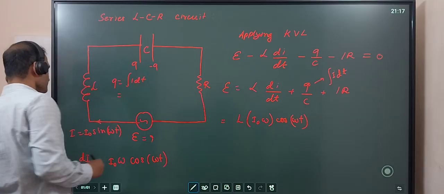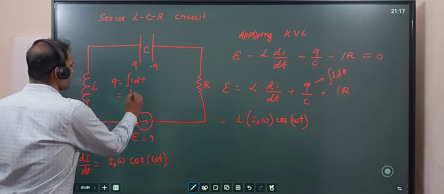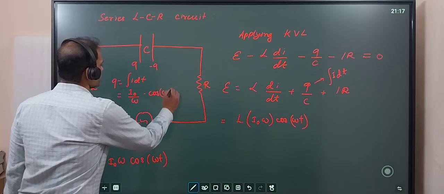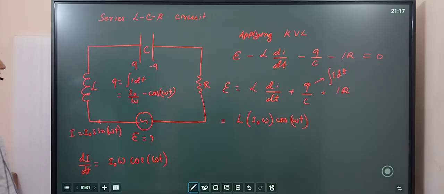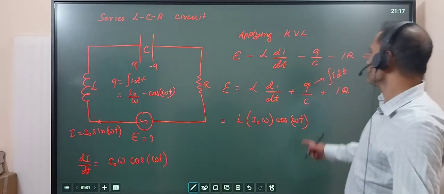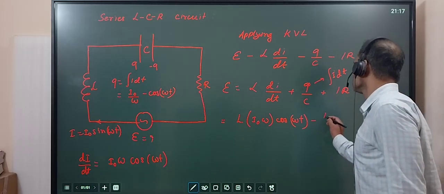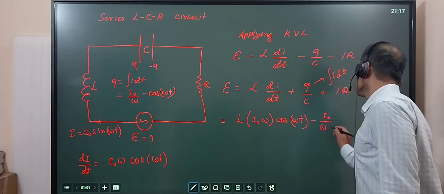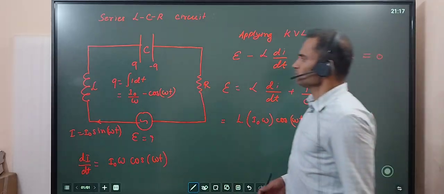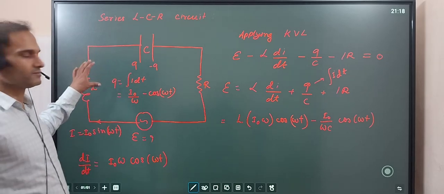And the integration of this current will be I naught by omega times minus cos omega t. 1 by C is already there, so it will become minus I naught by omega C cos omega t.